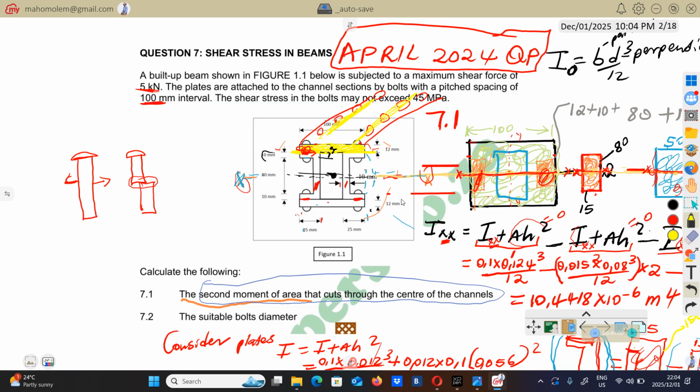They don't have to give you, especially if they give you the sketch, then just check the sketch. Then you can see the number of rows that you will have there. So if you see 3 bolts from the front view like this, if you had the third bolt here, another one here, then it means you will have 3 rows like this. In this case, we're going to have 2 rows.